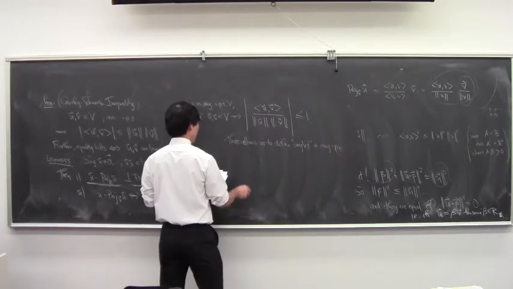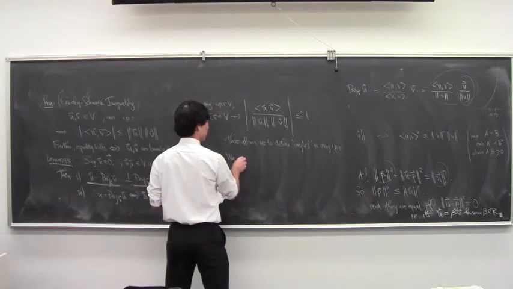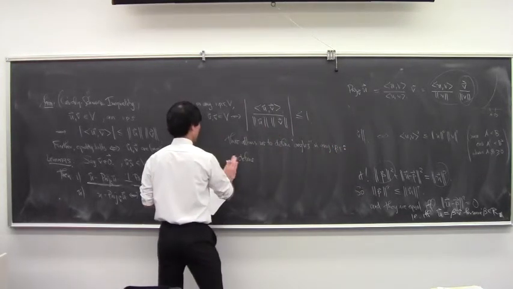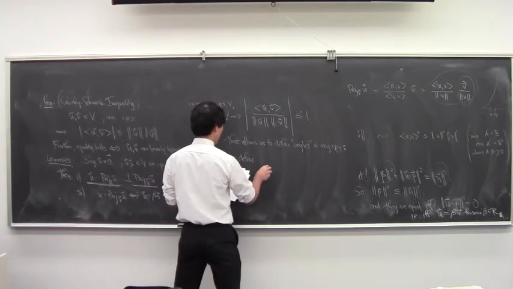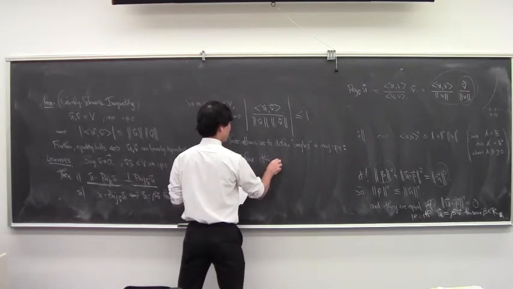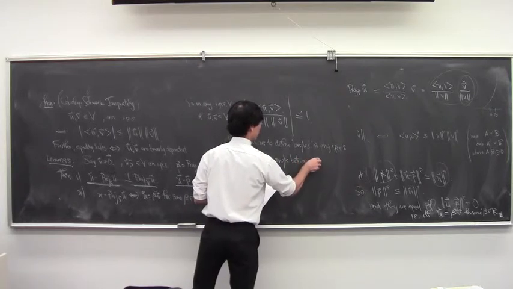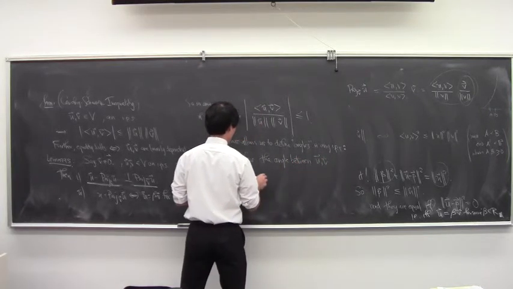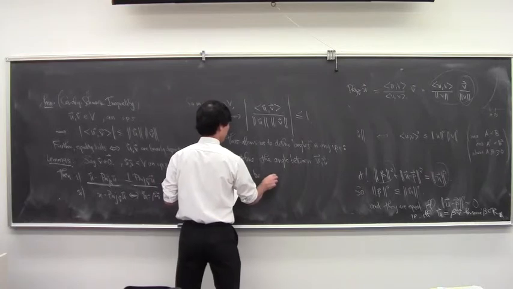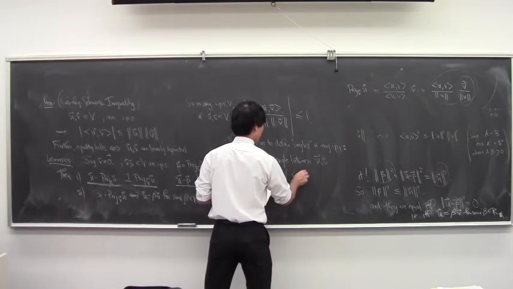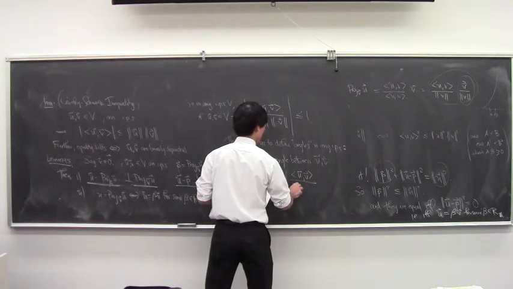We define the angle between u and v to be the arc cosine of the inner product of u and v over the product of the magnitudes.